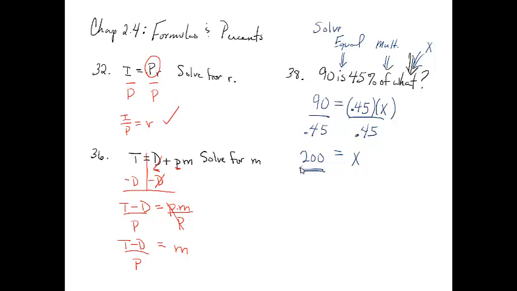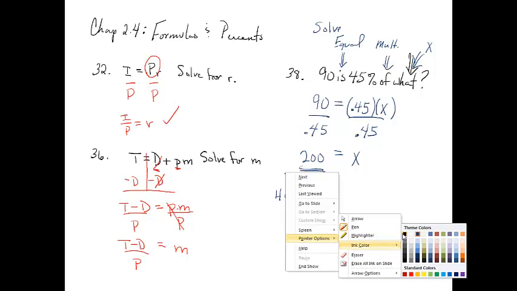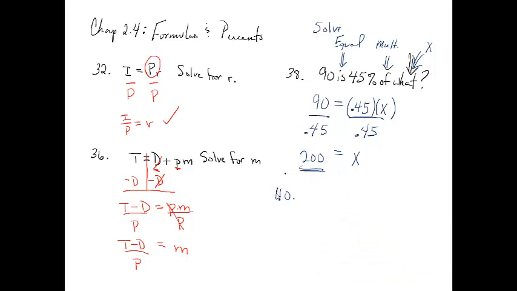Good. How about we also try number 40? Alright, so number 40. It says the following. If 6 is increased to 12, the increase is what percent of the original number?